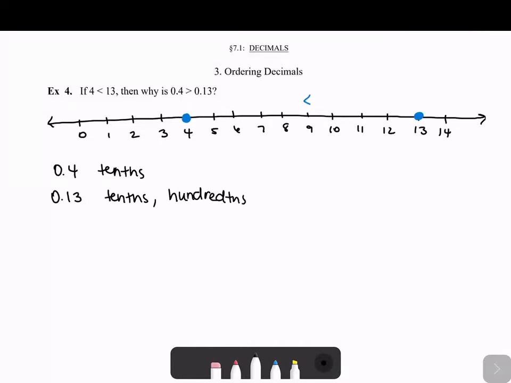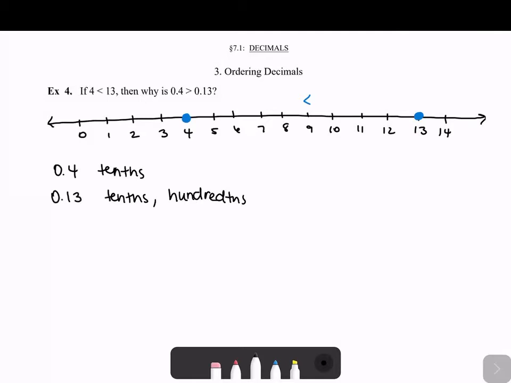Normally, if we were just dealing with tens versus tens and hundreds, because we have value in the hundreds place, that would be bigger. However, we're not dealing with tens and hundreds here. We're dealing with tenths and hundredths, where hundredths are smaller than tenths.